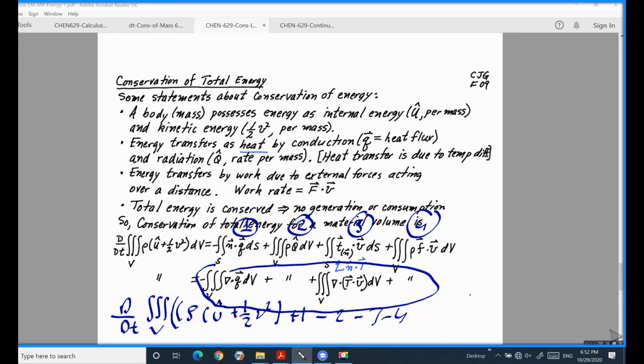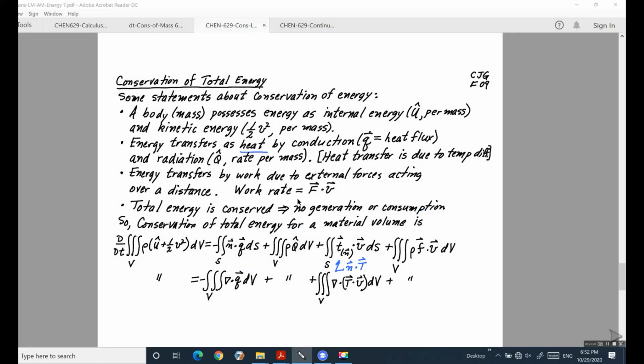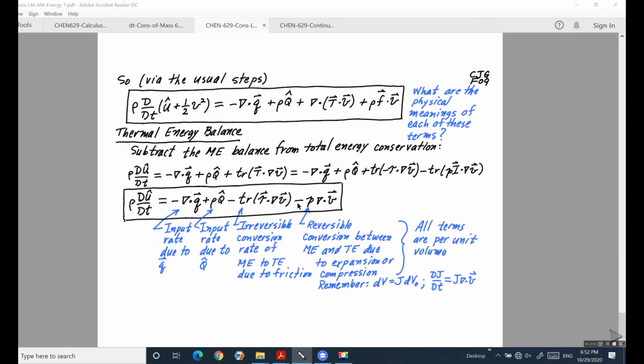The common parenthesis of dV is going to be equal to 0 at the right side. The volume cannot be 0, so this should be 0. Then in the next step, similar to mass conservation or momentum conservation, I obtain this form. So we call this the total energy conservation.